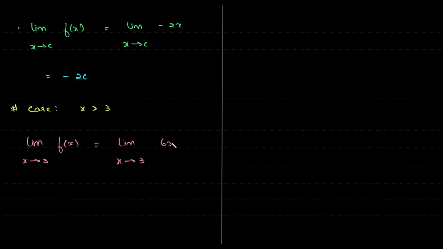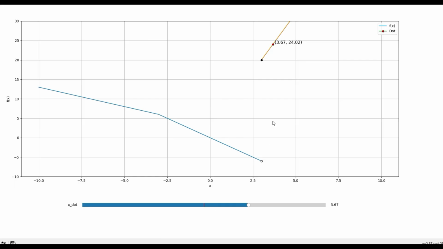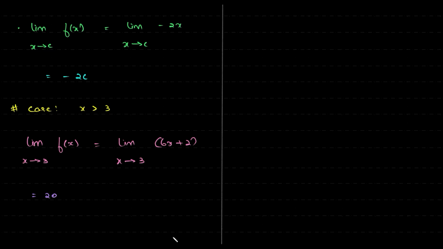So f of c over here will be 6c plus 2, and this is the limit of f of x as x tends towards c.